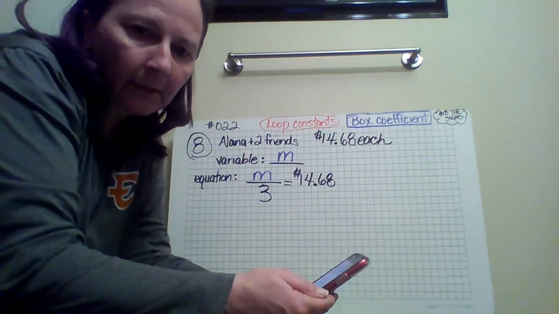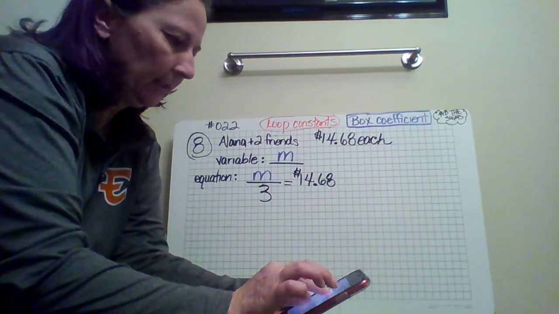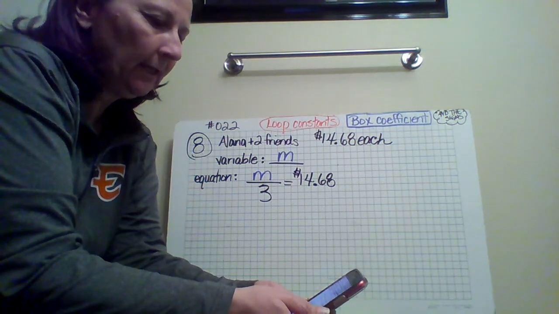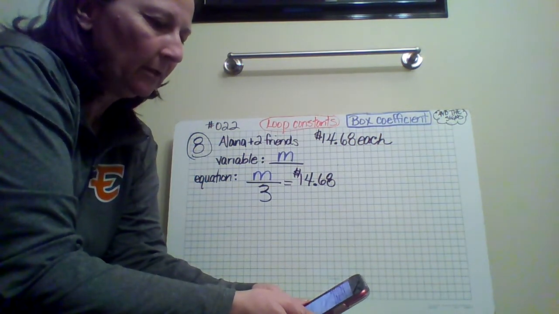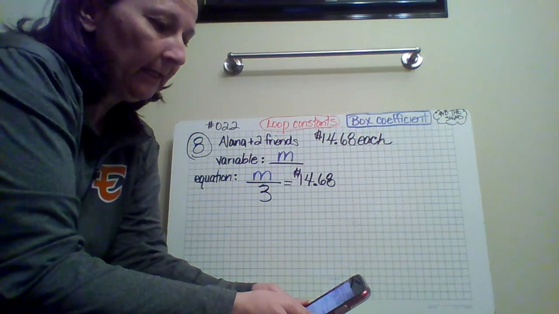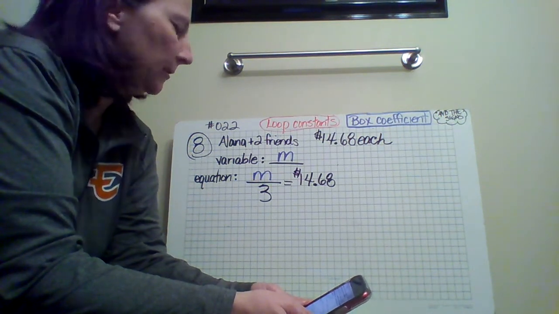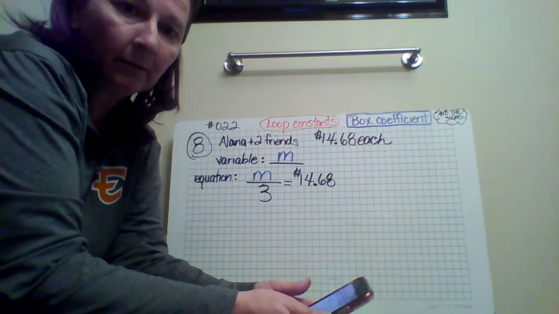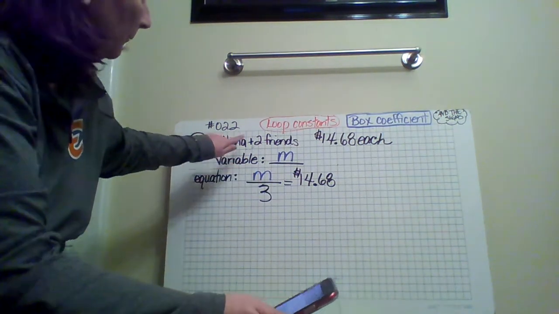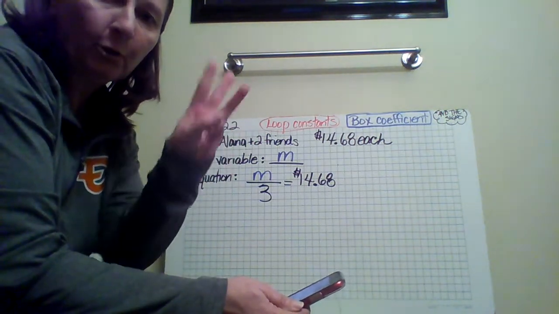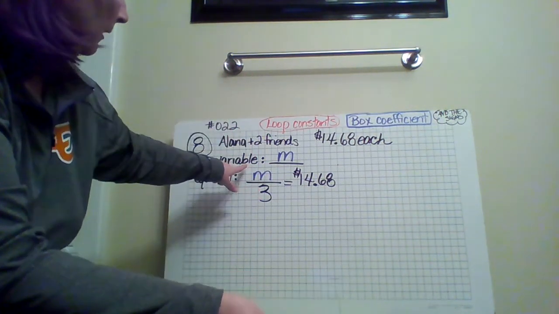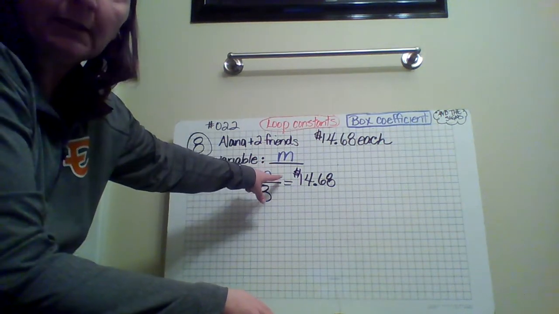All right, our next problem says Elena and 2 of her friends evenly split the cost of a meal. They determined that each person owes $14.68. How much was the entire cost of the meal? All right, so Elena plus 2 friends means a total of 3 people. I use M to represent meal.